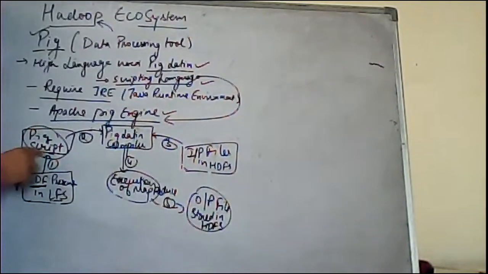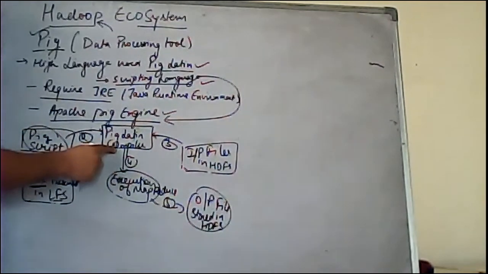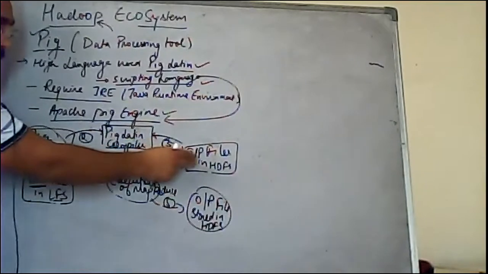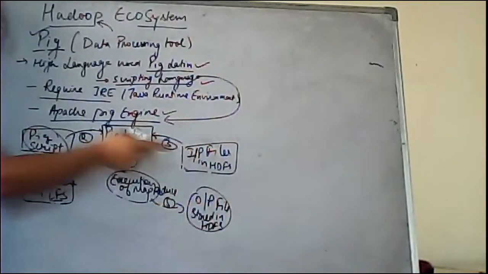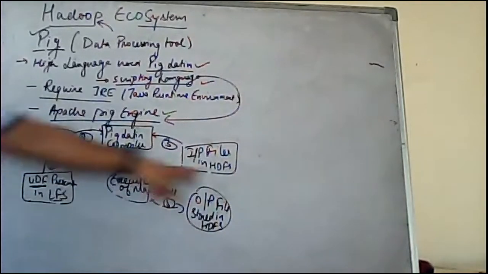After that, there are only Pig scripts. These Pig scripts will be compiled by your Pig Latin compiler. But for scripts, there is also data, and your data will be fetched from your HDFS. That data will be stored in your Hadoop Distributed File System.